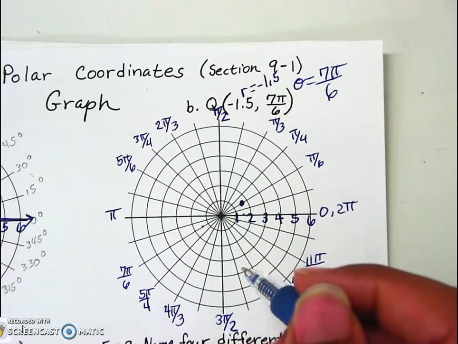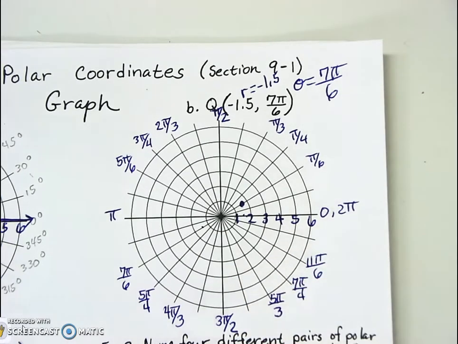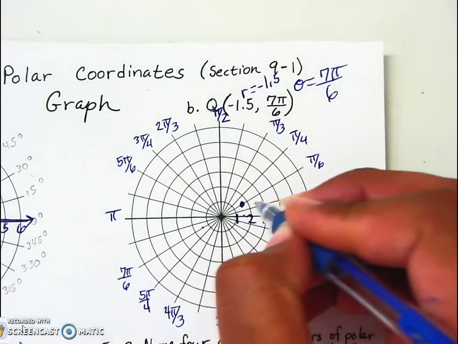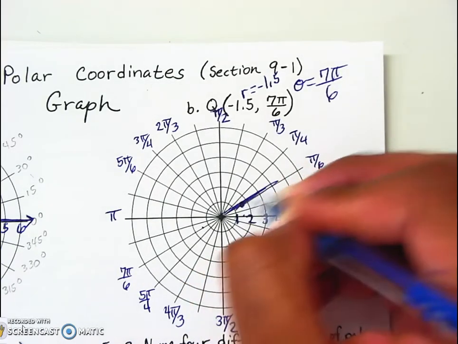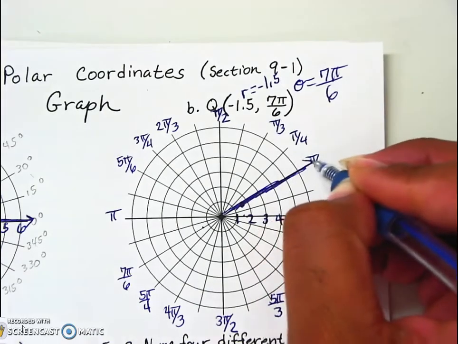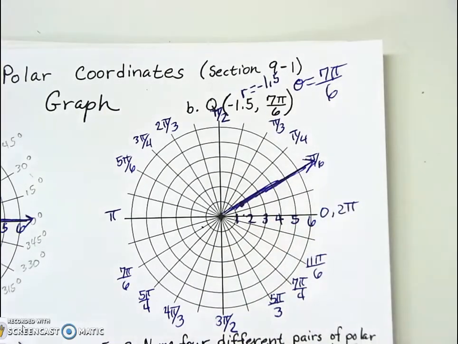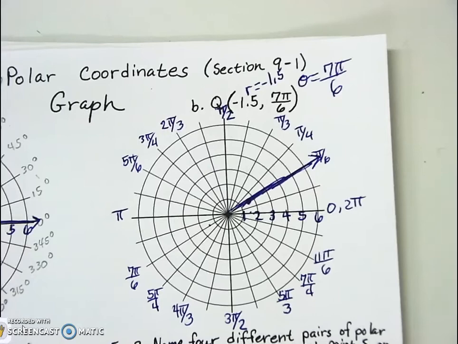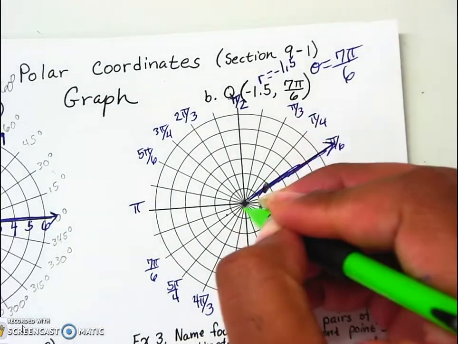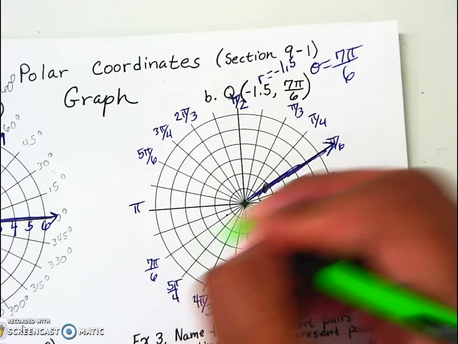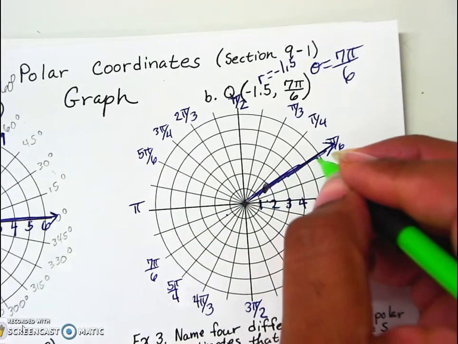All right, so with it, we have it going this direction. Now, what the book does, it puts the dot on this side here, but it draws the ray on this side. But what I want you to do is go ahead and do it on this side here.